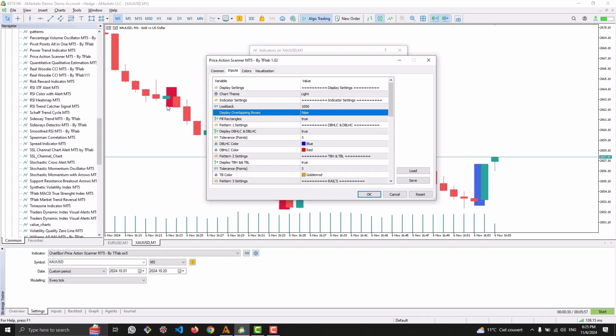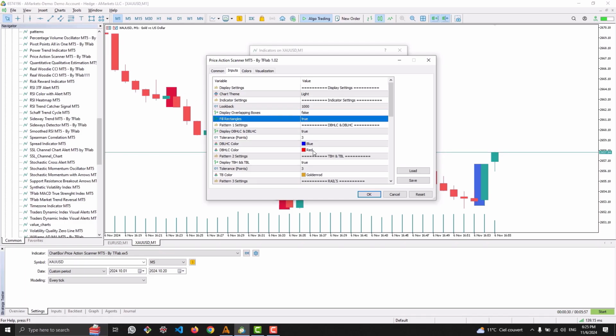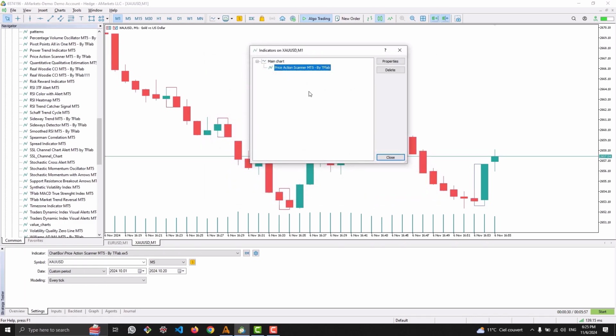However, if set to false, it separates these boxes and rectangles and does not display them if they overlap. The next option is for whether these rectangles and boxes are filled or hollow. If set to true, they are filled, and if set to false, they are displayed as hollow.